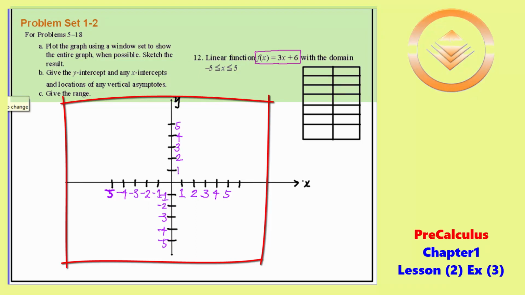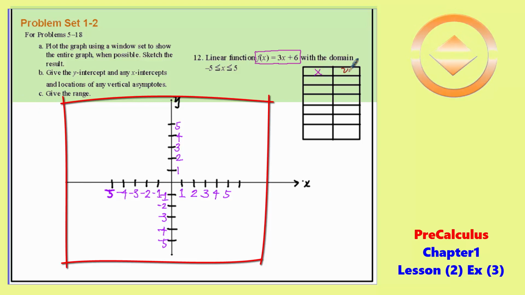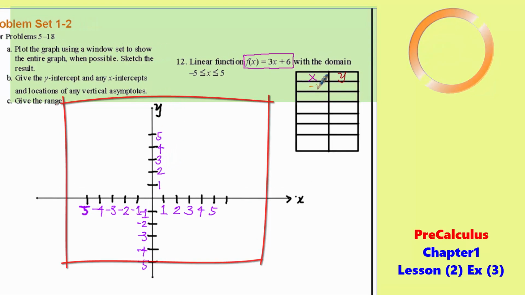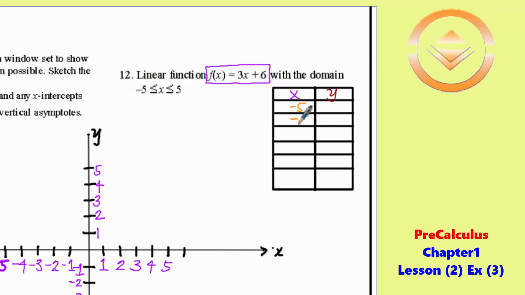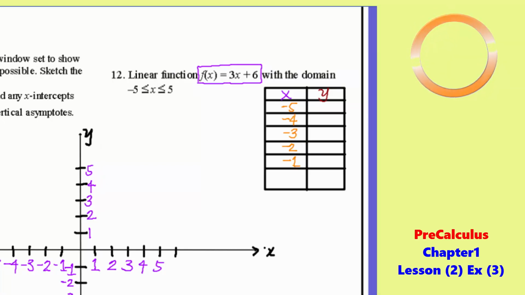This is our x values, the set of our domain, and this would be for the y values, or the set of our range. Let's write the domain from -5, -4, -3, -2, -1. Let's extend the table.